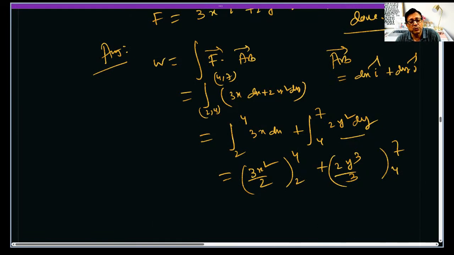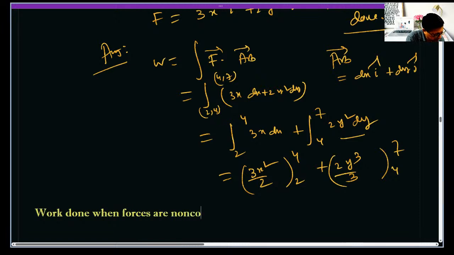But how to calculate work done in case of non-conservative forces? Can you give an example of non-conservative forces? When forces are non-conservative, how do I account for this?